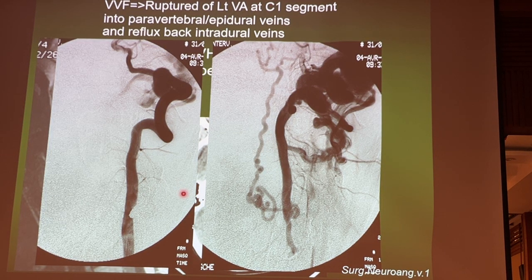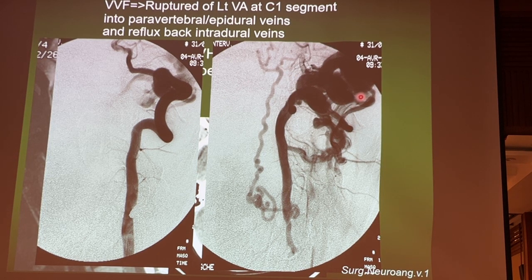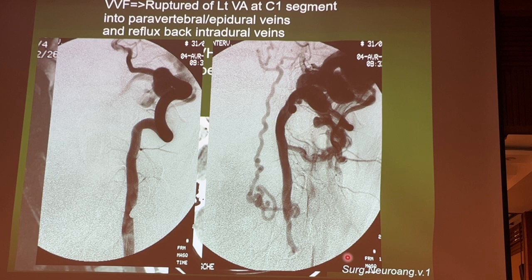And when you inject the vertebral artery, you have rupture of the C1 segment of the vertebral artery into mostly the paravertebral epidural veins, but you see also this kind of intradural venous reflux going up there. So the possibility of intradural presentation exists, and including at the higher cervical level, hemorrhage can occur.